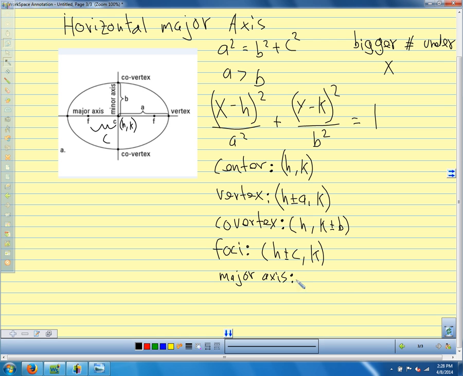The length from the center to a vertex is a, so the length of the entire major axis is 2a units long, and the minor axis is 2b units long. This is b, and that's b, so our minor axis is 2b units long.